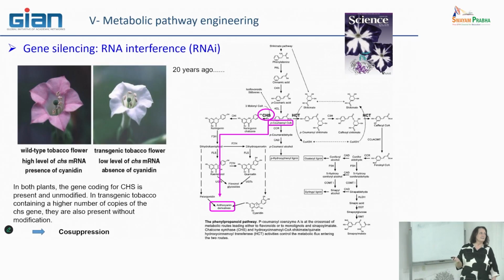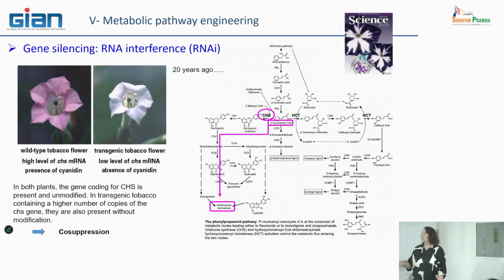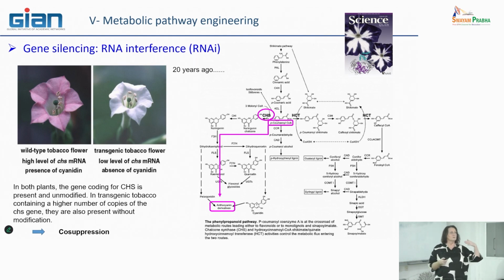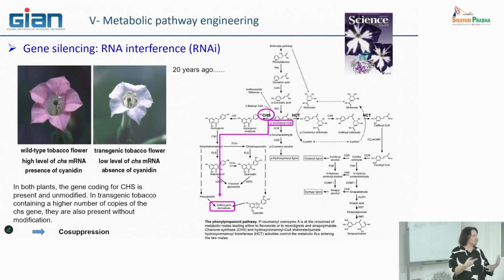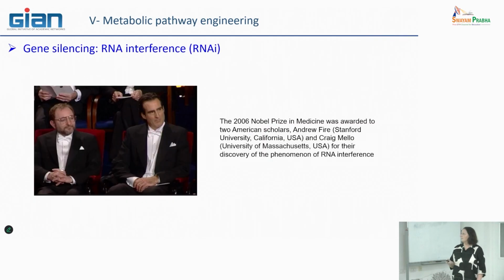They called it a co-suppression system, because in fact both the mRNA of the transgene and also the mRNA of the normal gene are completely destroyed during this period of time, which leads to the absence of cyanidin and anthocyanin. What is the explanation? Now we know that very well.